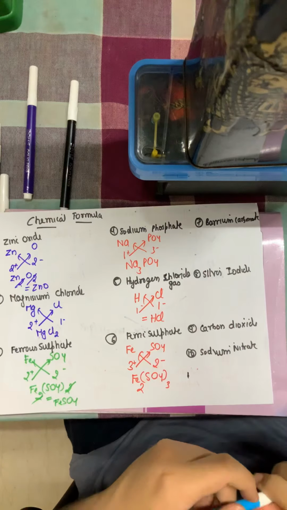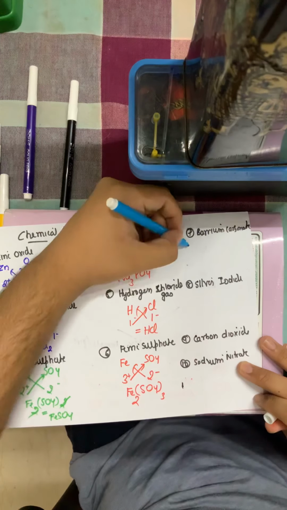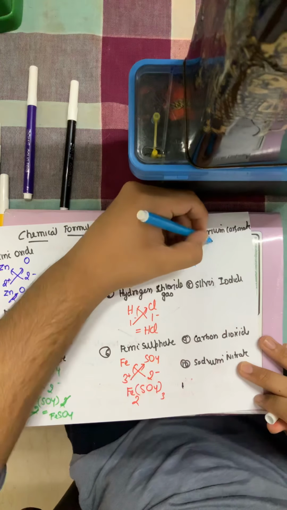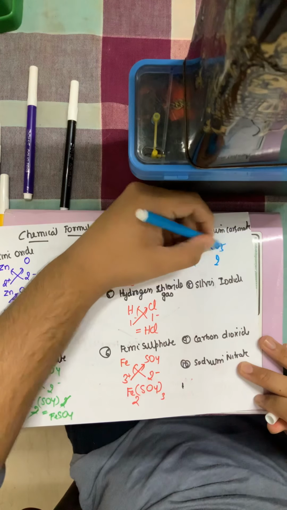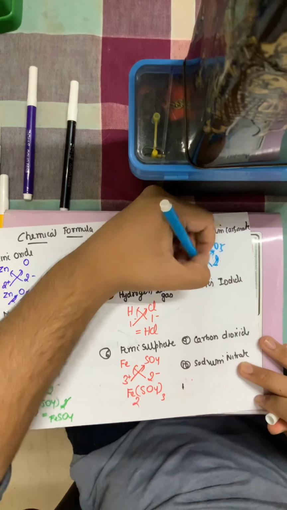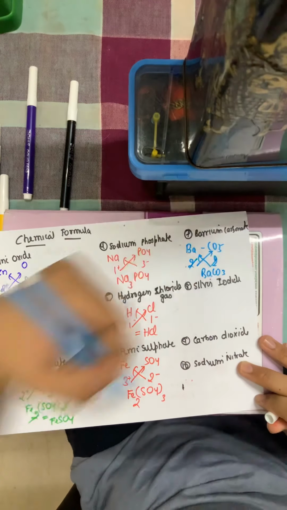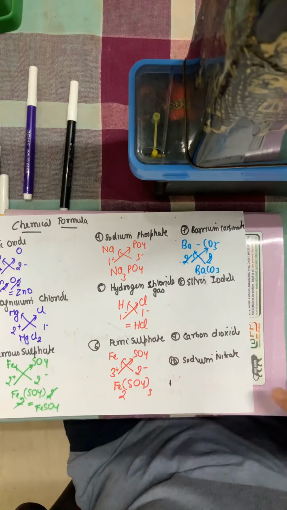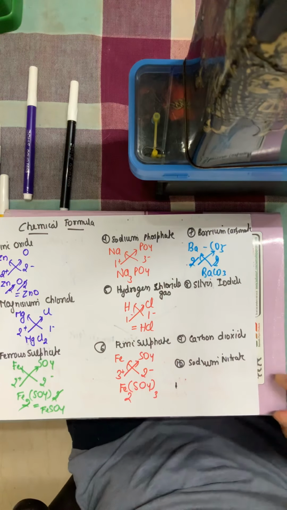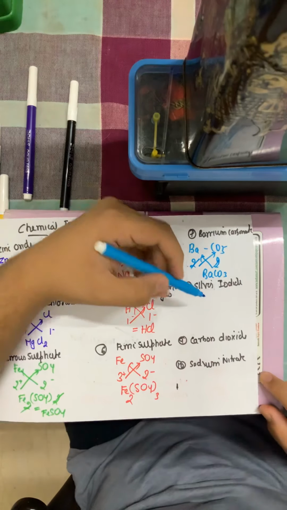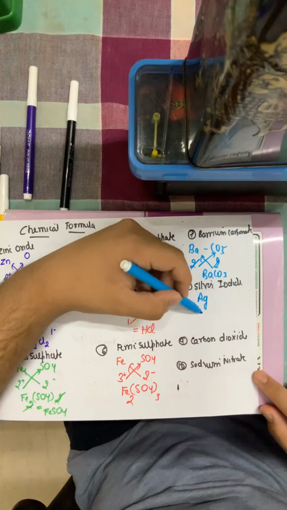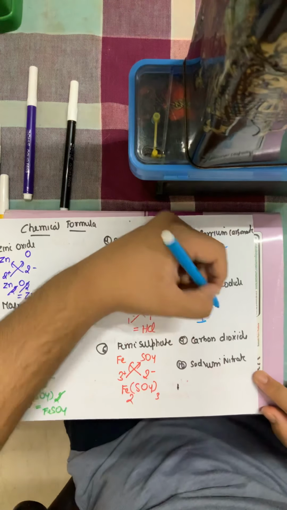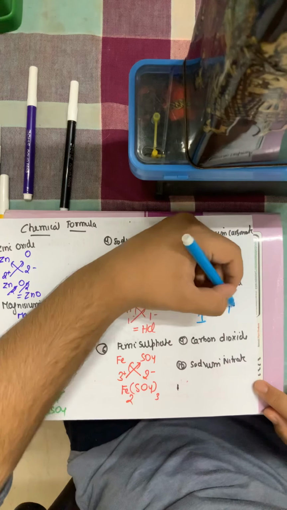Next formula, barium carbonate. Barium is Ba2, carbonate is CO3 2. The 2 gets cancelled, so I write it as BaCO3. I hope it is clear. Next formula, silver iodide. Silver is Ag1. These have to be learnt. Okay. Iodide is I1.